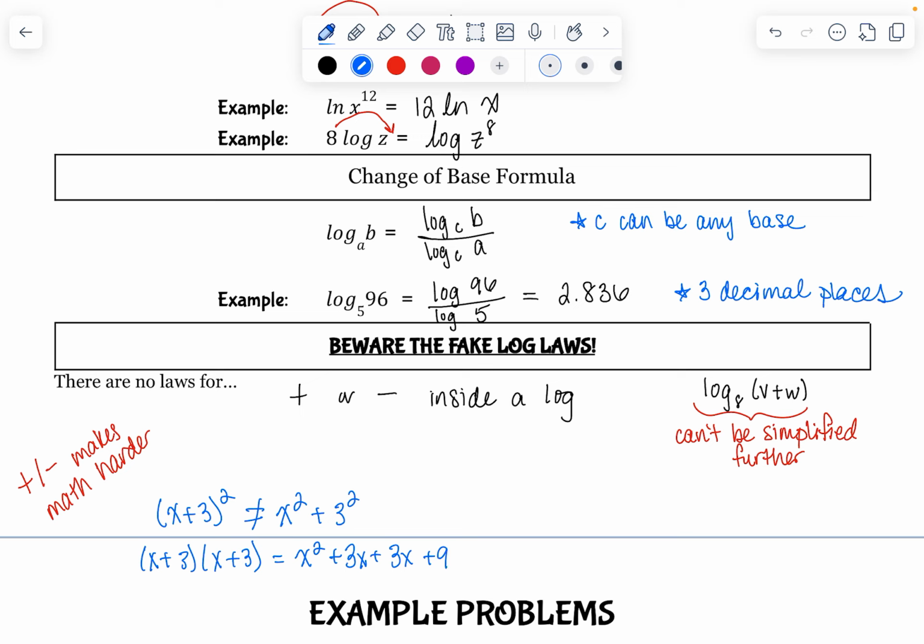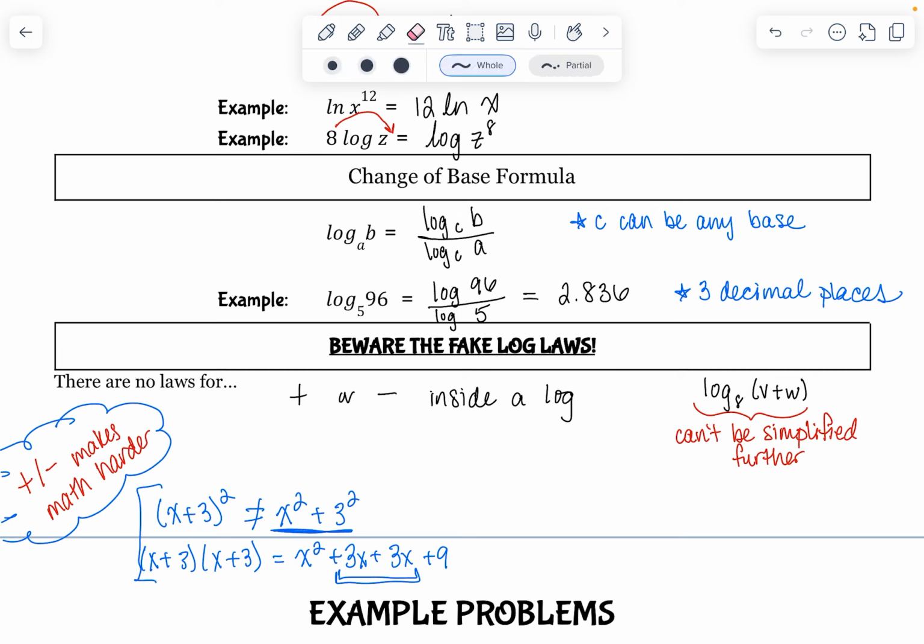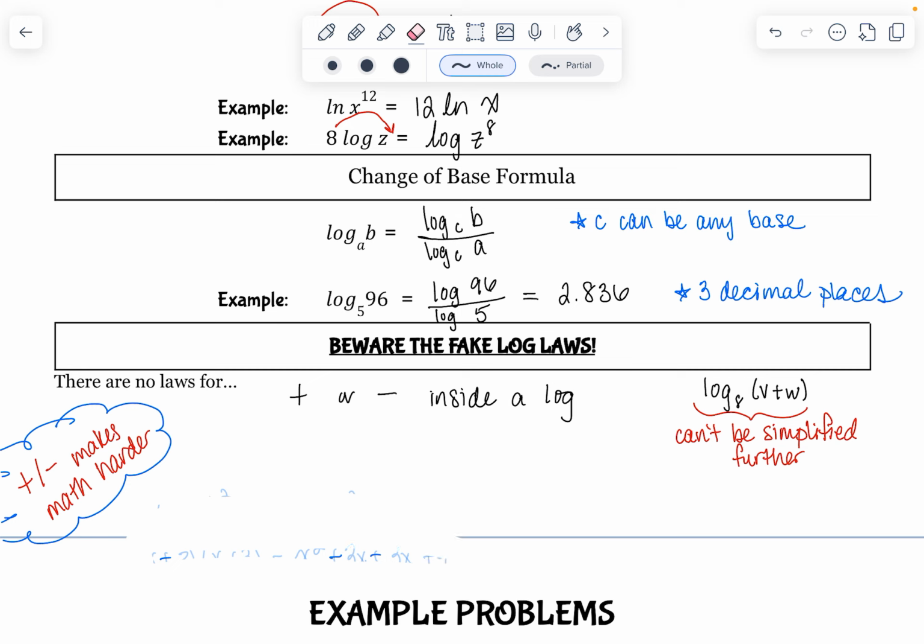And so the reason that they are not equal is because I am missing this middle term if I try to do it like this. And this is something that comes up all the time. And so if this little phrase helps you remember to prevent this mistake down here, then great. So I'm just going to erase this. That was just a side note I wanted to mention.